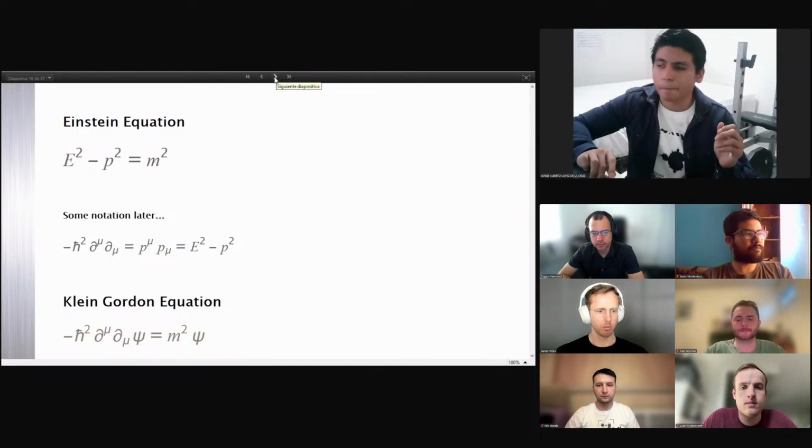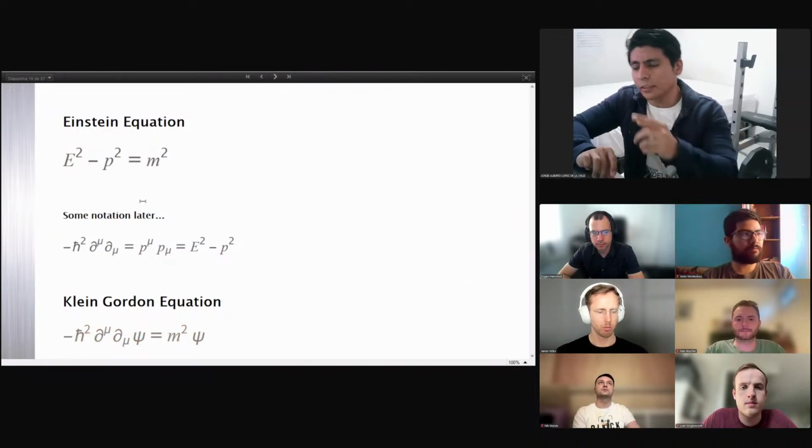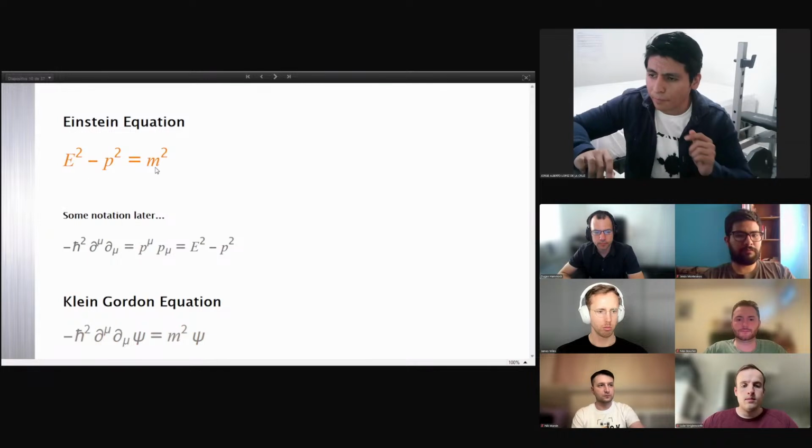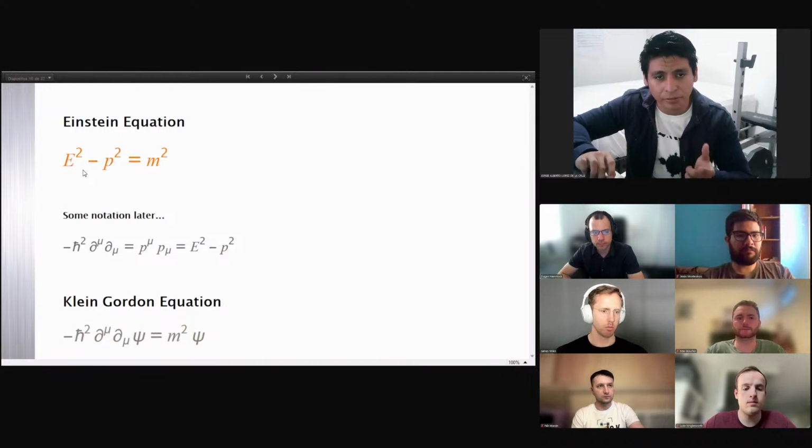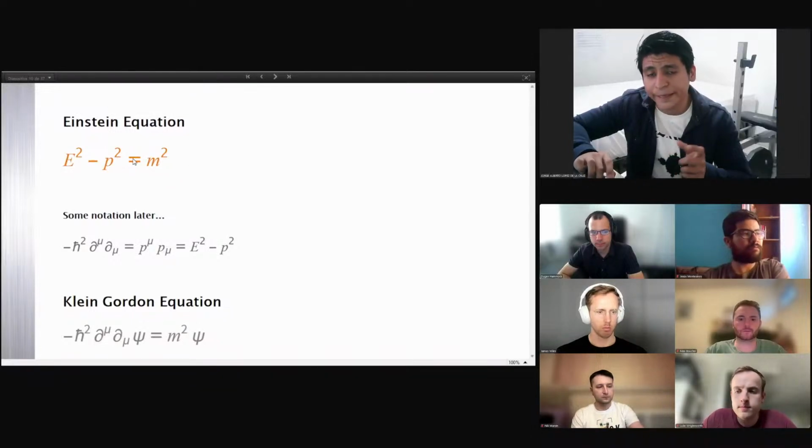All right. If we regard this Einstein equation, we can see that if these are numbers, we can't have a linear relation between the energy and the momentum in the general case where the mass is not zero. So we can't get a linear relation if these magnitudes are numbers.